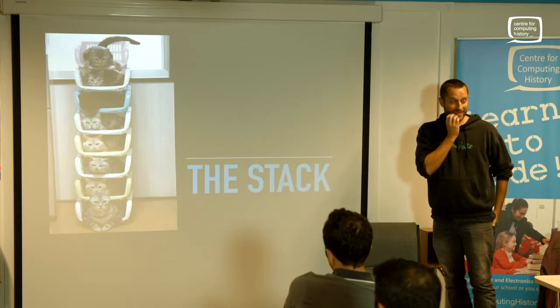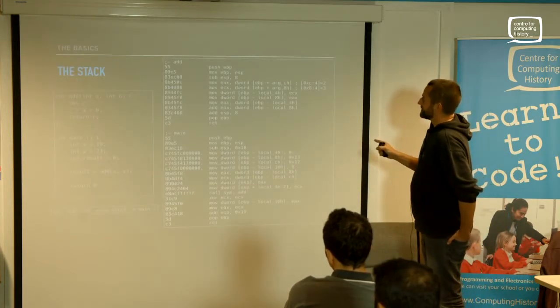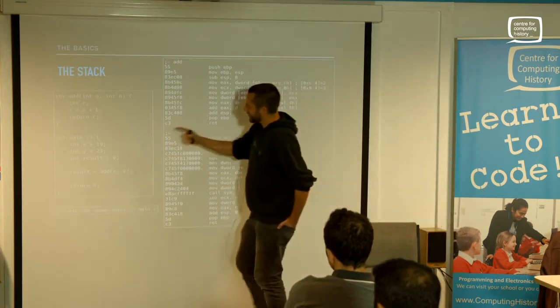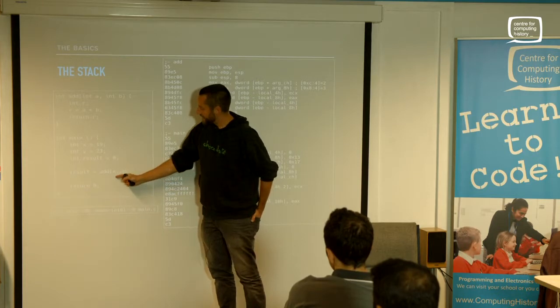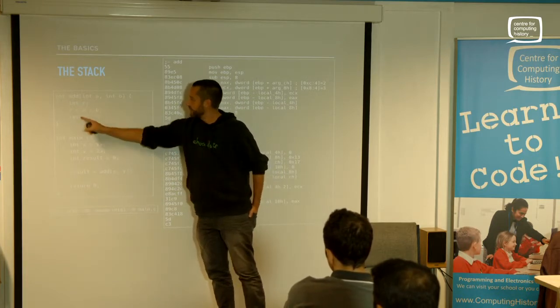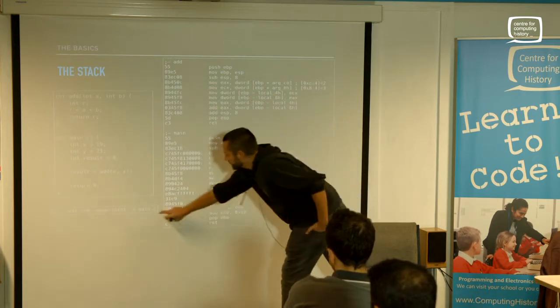So the stack. So let's have a look exactly what happens in a stack when we run this. So this is what I've compiled. 2 integers, calling the function add to add them together into another variable, returning that variable into the result, and then we exit out, and that's what I use to compile.